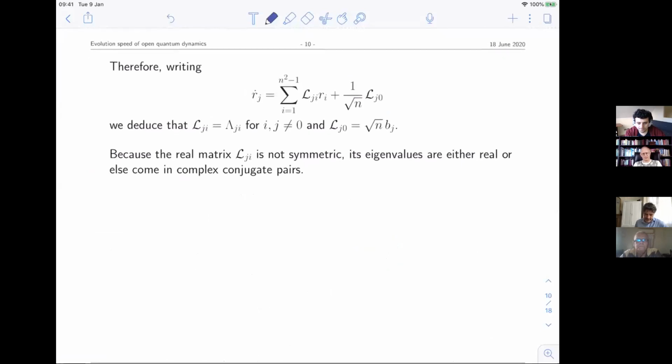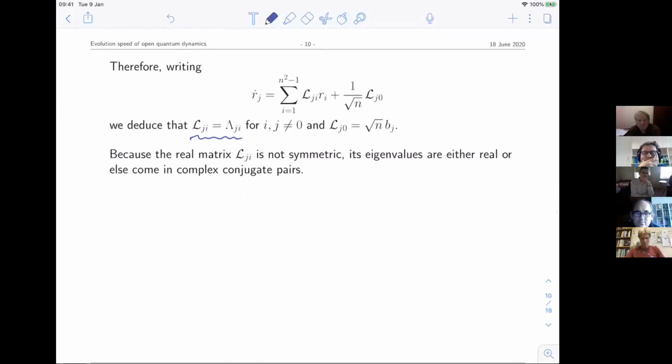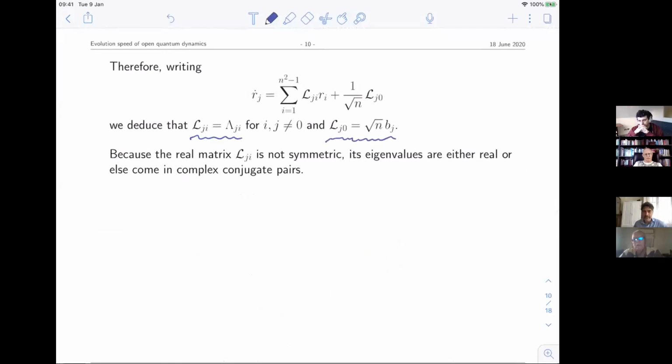So essentially this lambda matrix gives you the component of the Liouville operator for ij not equal to 0, whereas the B vector is going to give you the 0th component of that large matrix.